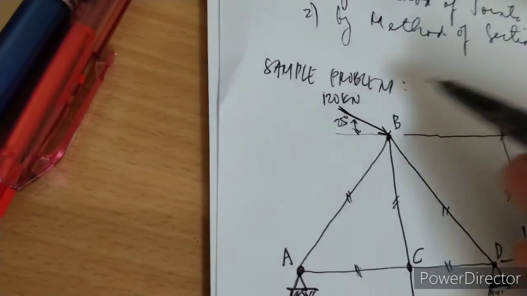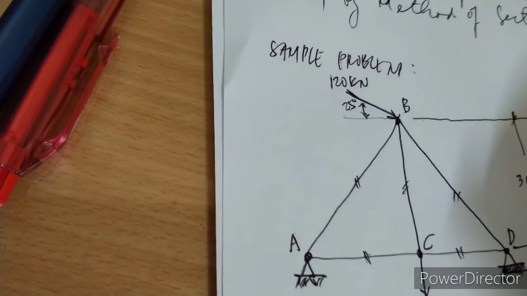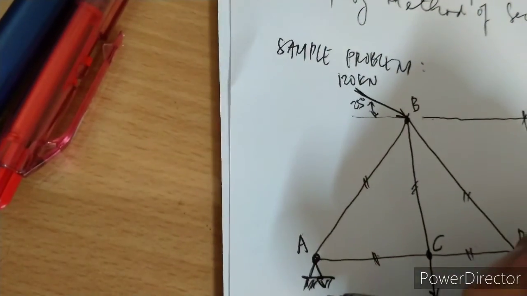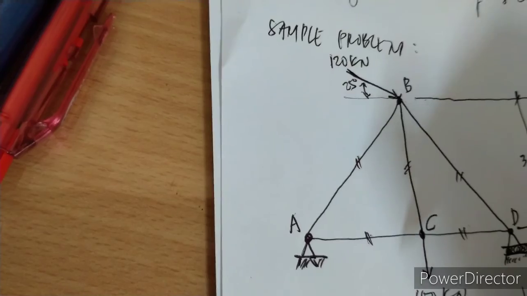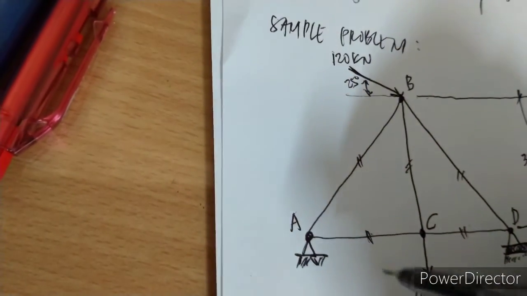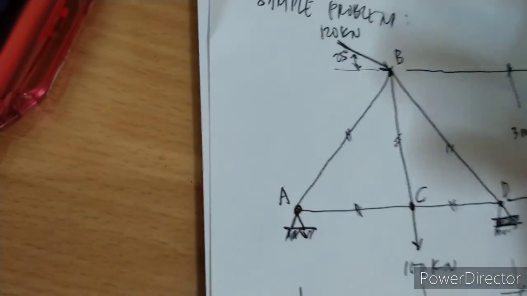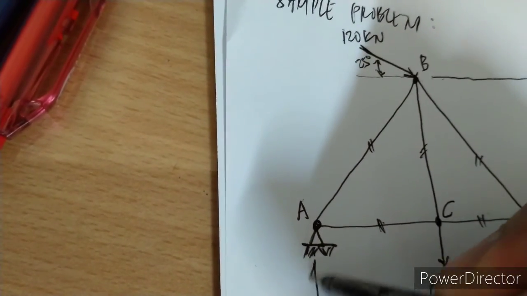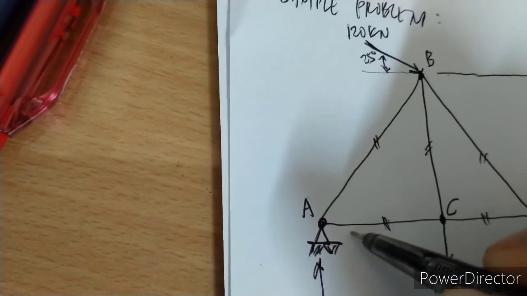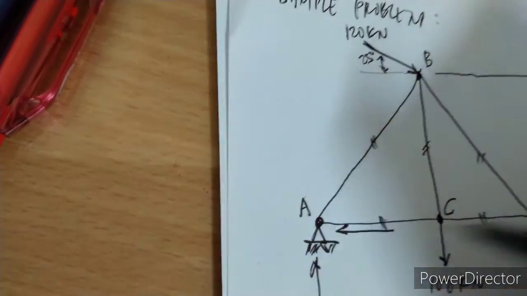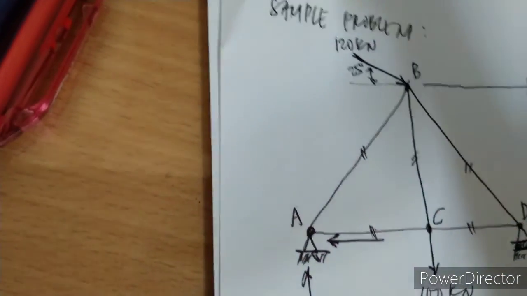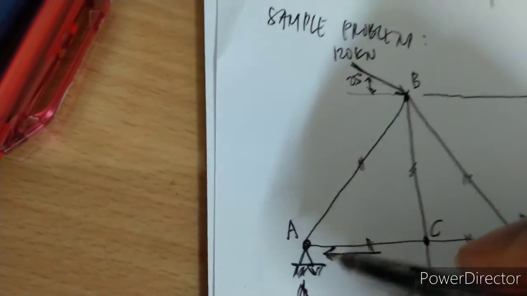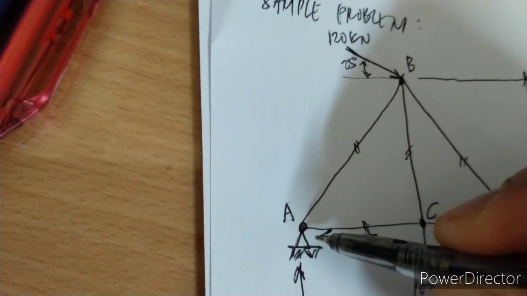Okay, so considering again this truss, since this is a hinge, I have told you earlier that there should be vertical and horizontal reactions, or components of the reaction, acting on this.